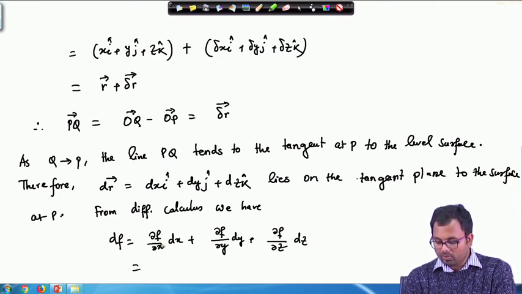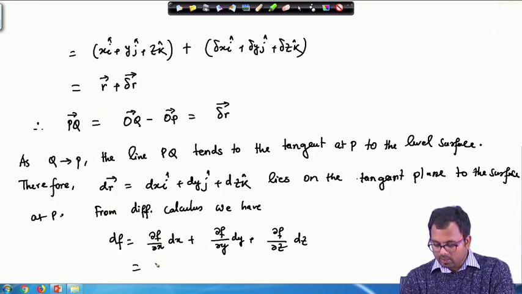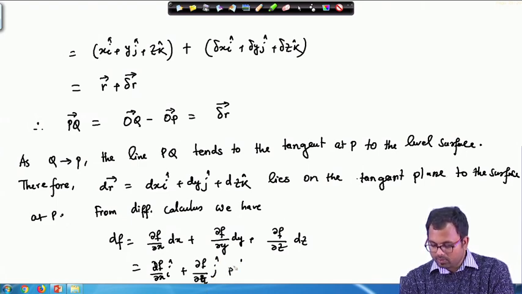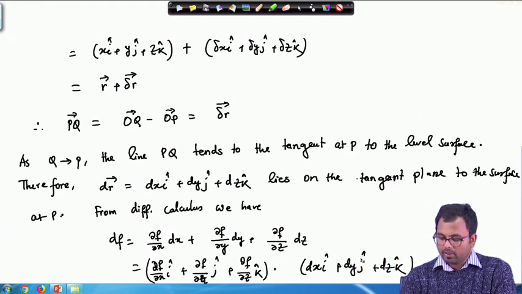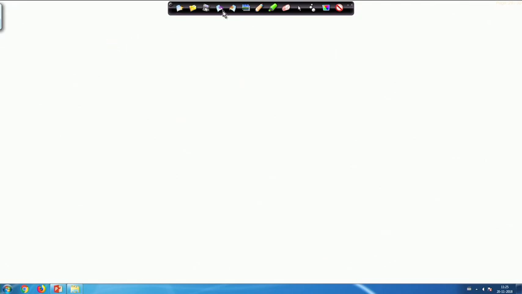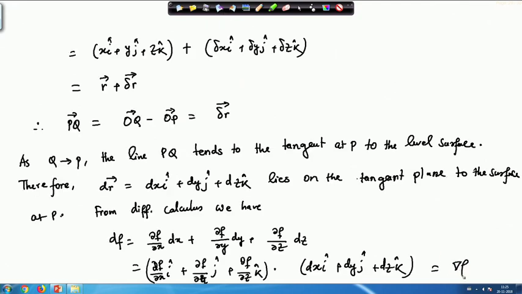This can be written as the gradient, del f by del x times i plus del f by del y times j plus del f by del z times k, dot product with dx i plus dy j plus dz k. So, I can write this as gradient of f dot dr, right.